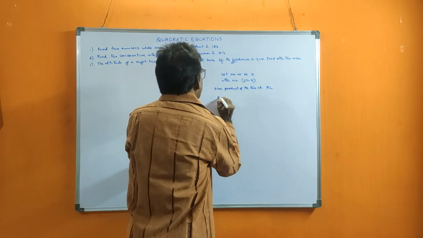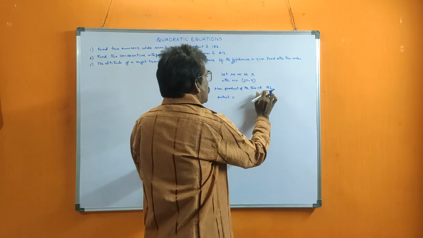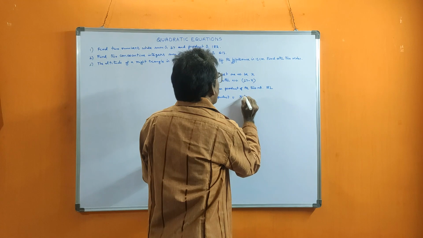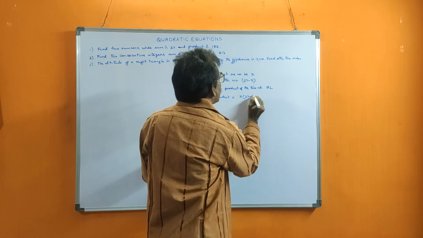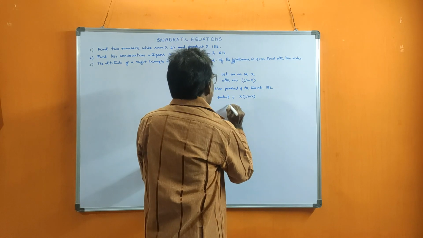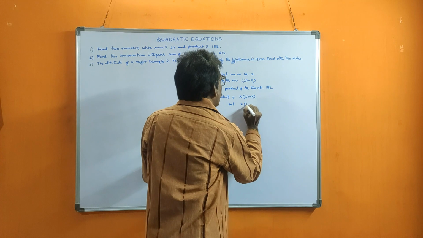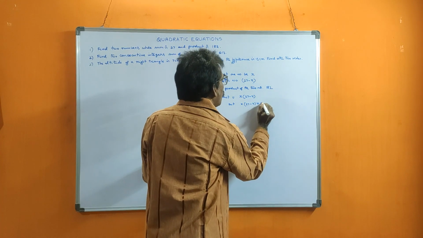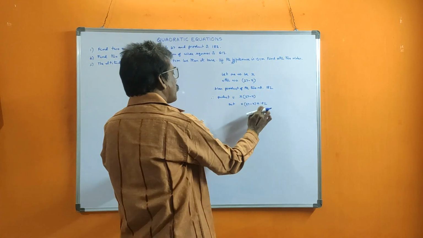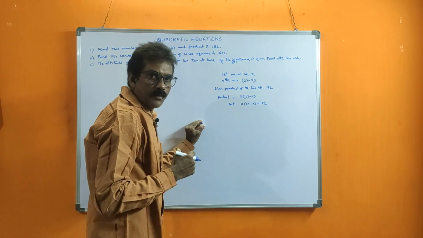Therefore, the product is equal to, our numbers are x into 27 minus x. This is the product. But given this, therefore, x into 27 minus x is equal to 182, because he gave this product 182. This is our product, this is the given product. Both are the same, that's why.